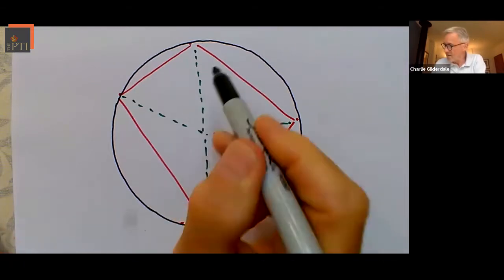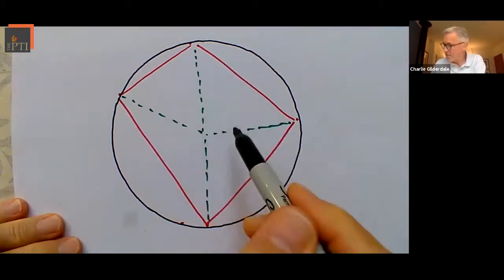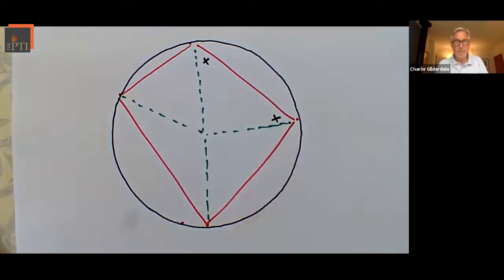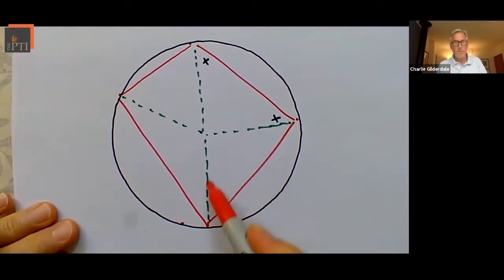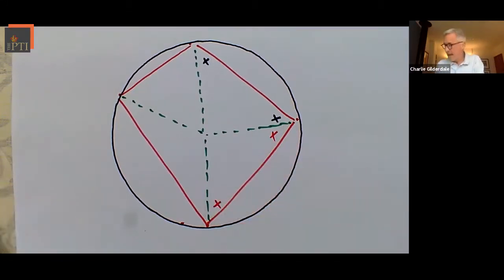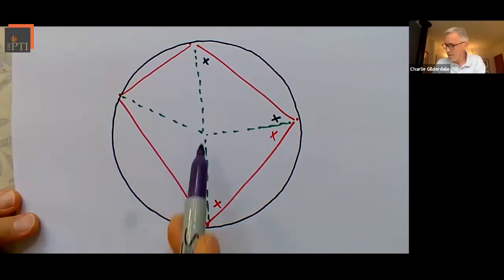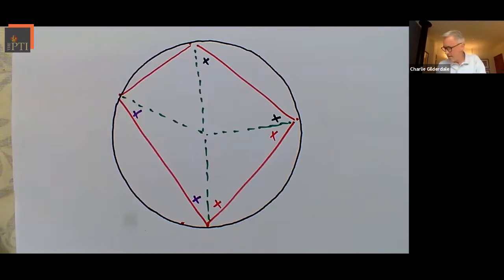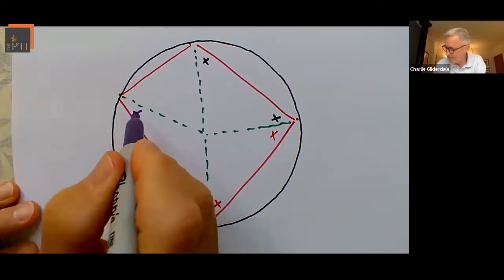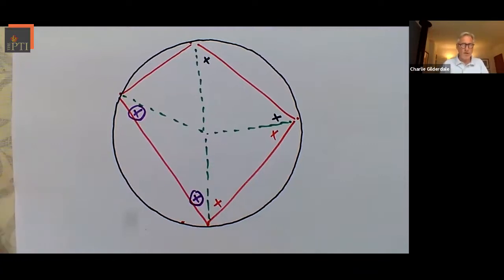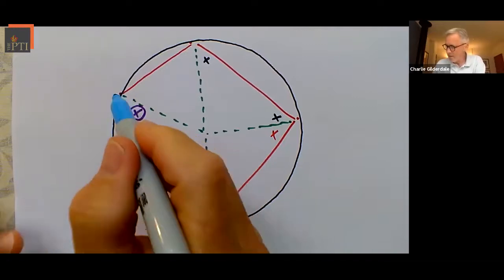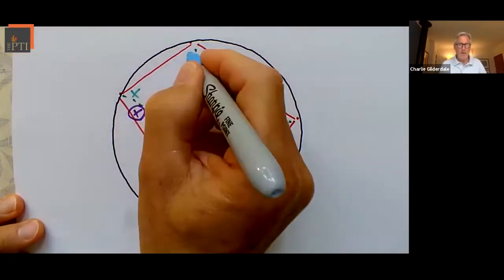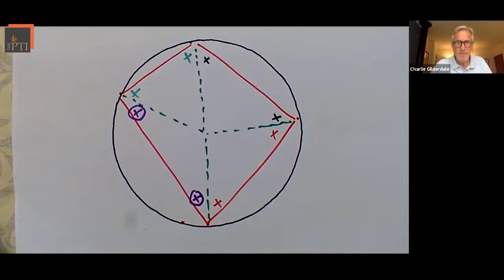In this isosceles triangle here, these 2 angles are the same. In this isosceles triangle here, these 2 angles will be the same. In this isosceles triangle, these 2 angles will be the same. Those purple look a little bit like the blacks, so I'm going to just put circles around them to make sure they look different. And in this triangle, these 2 angles will be the same.